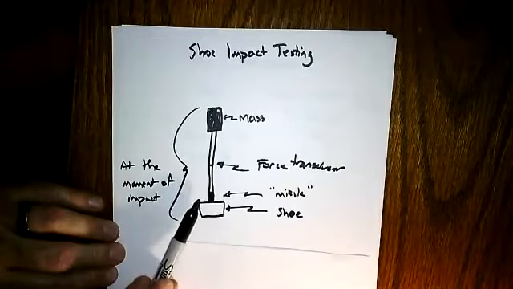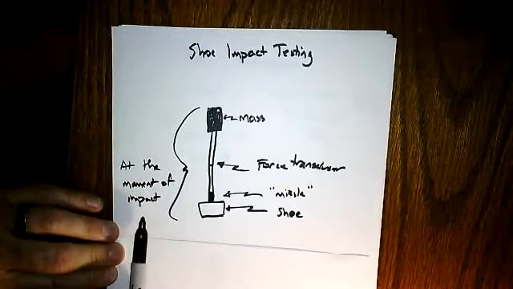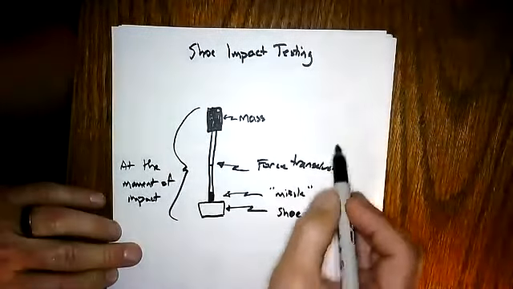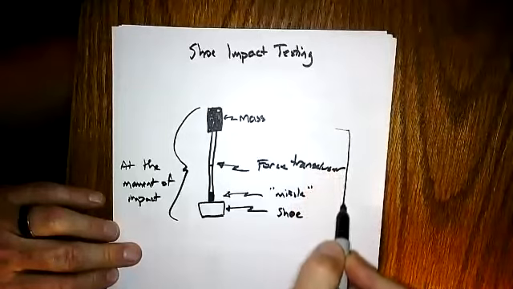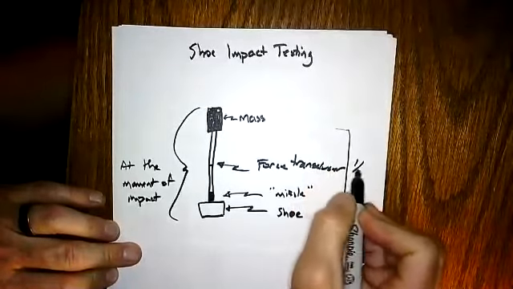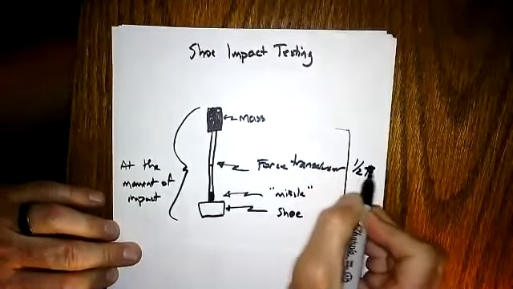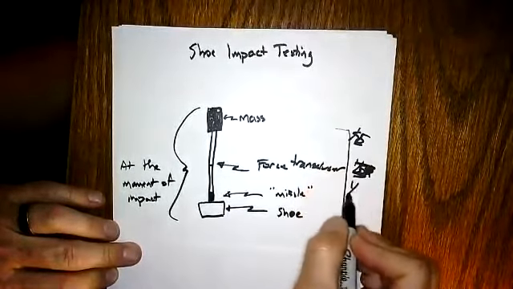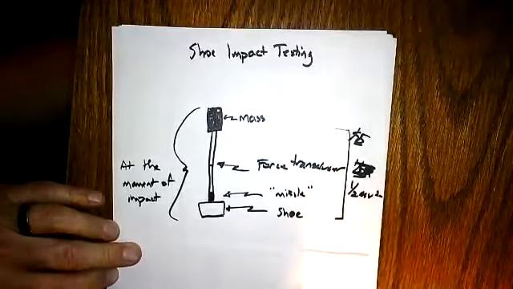And this picture is drawn at the moment of impact, and this system will have a certain amount of energy that will be a function of the kinetic energy, which is 1/2 mv squared.